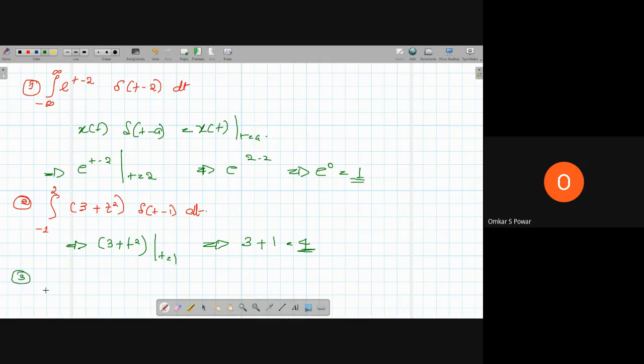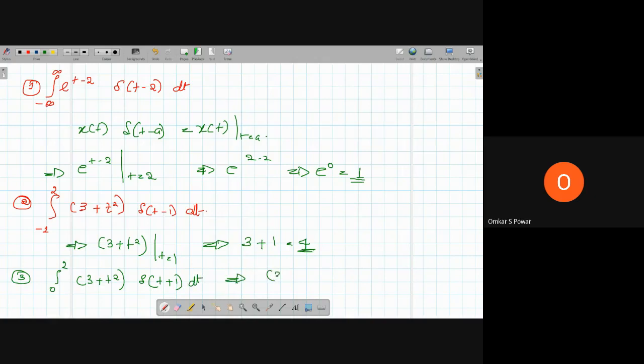Now please observe this one. Integral from 0 to 2 of 3 plus t square into the same thing, del of t plus 1 dt. What do you usually expect?